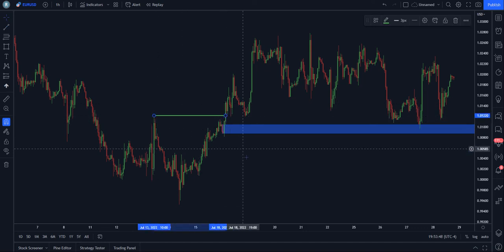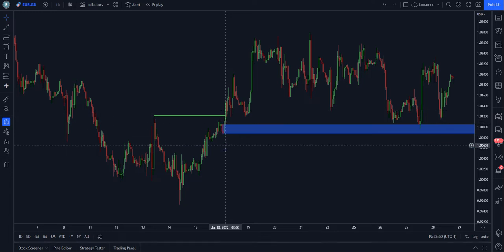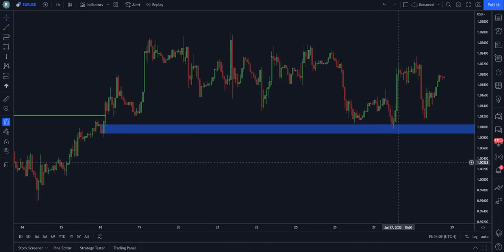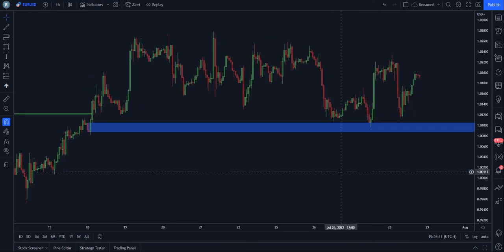We can see clearly broken. So we know this zone is going to be relevant. We have our eyes on it for some type of reaction whenever it does get hit. And obviously we had to wait a little bit, but then it finally gets touched just yesterday, actually.